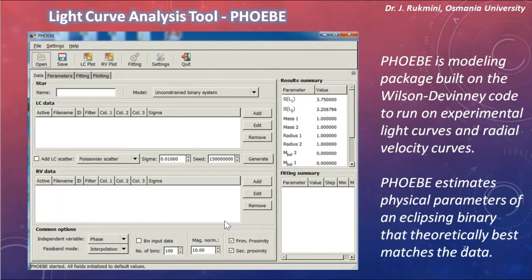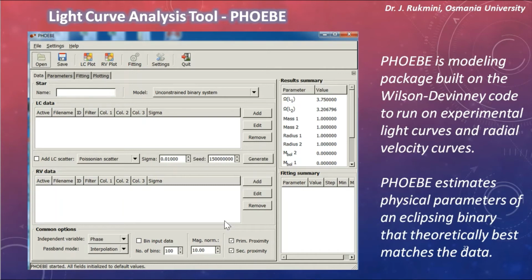Of course, even before giving an input of all other parameters, period is one of the important parameters. So we derived the periods for all these 61 binaries using another application called PHOEBE.